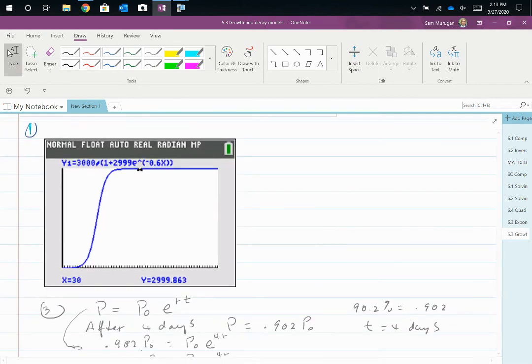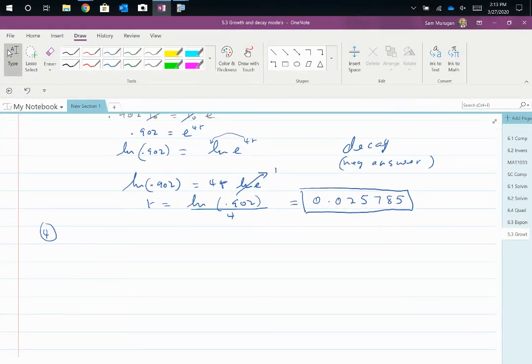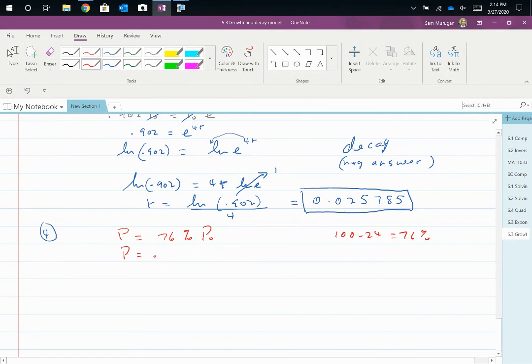So we want to go ahead and say that P is now equal to, if it's lost 24%, 76% of P0 is left. 100 minus 24 is equal to 76%. As a decimal, this is 0.76 P0.